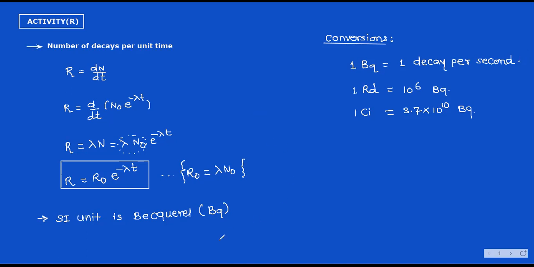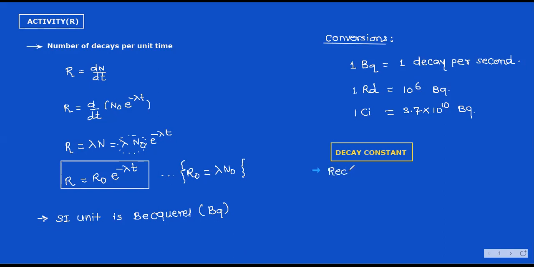Next one is decay constant. How can we define this?